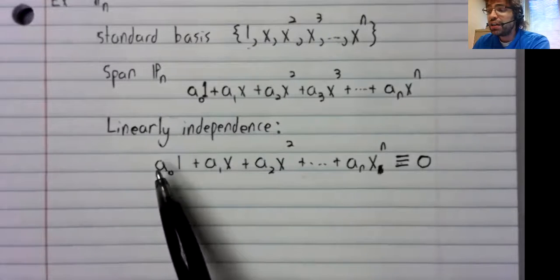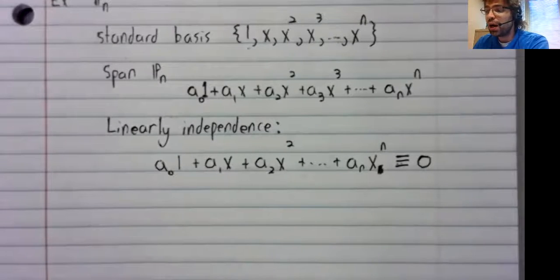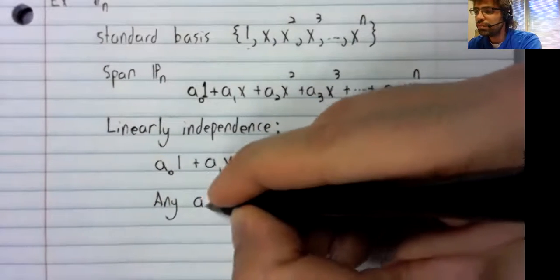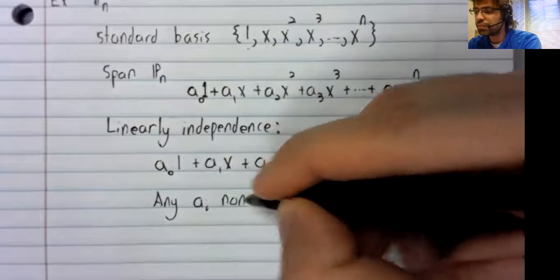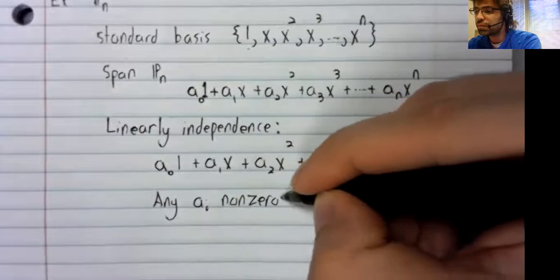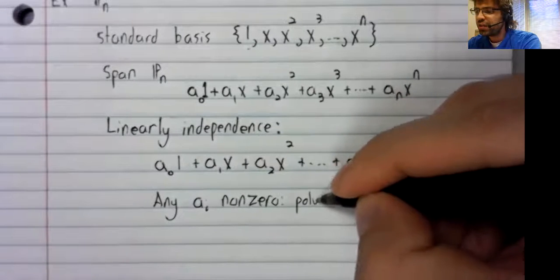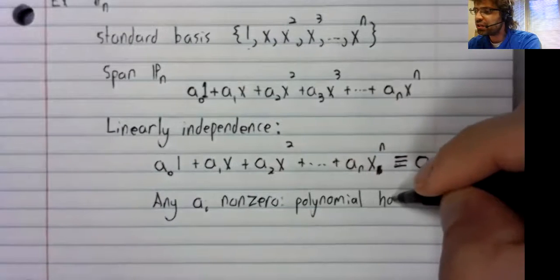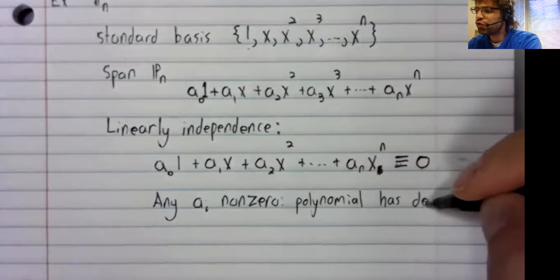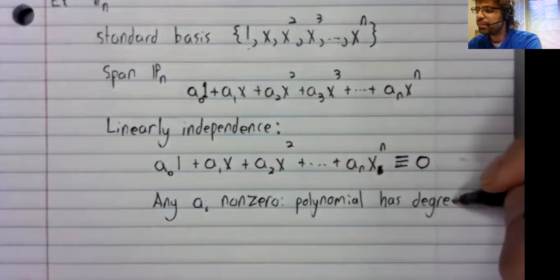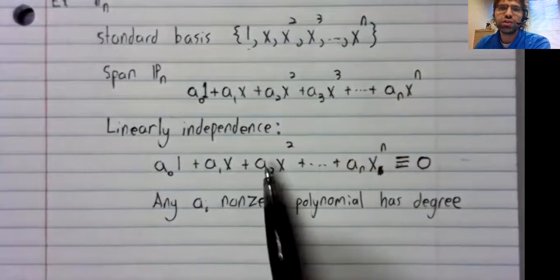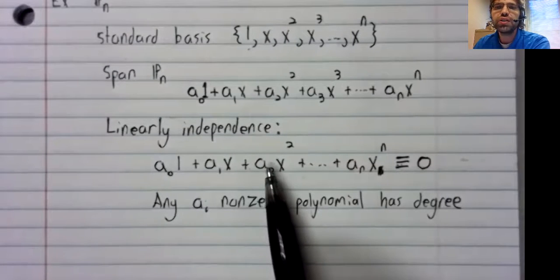And if any of these a sub i are non-zero, this polynomial has a degree. Like if this a sub 2 is non-zero, this polynomial is at least degree 2.